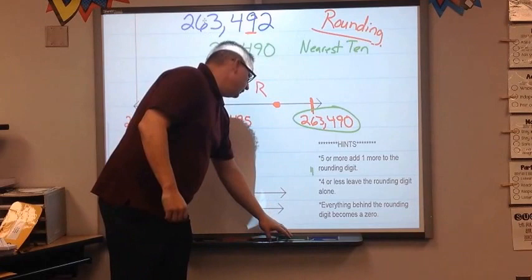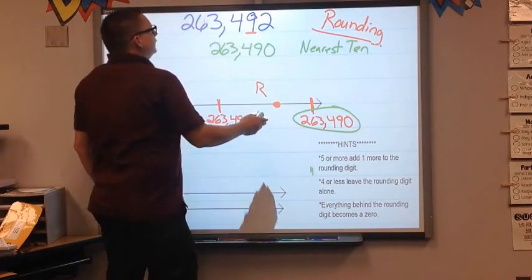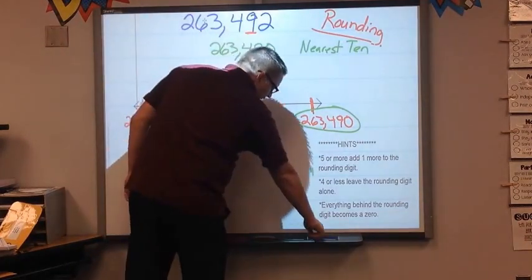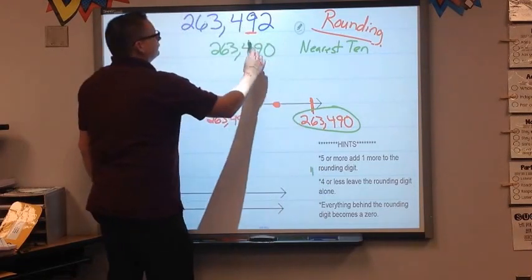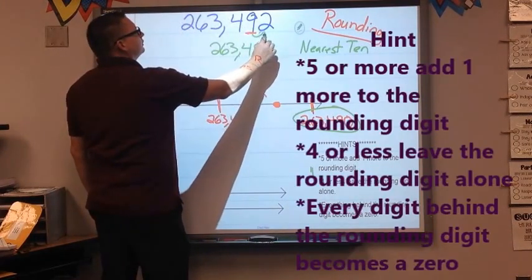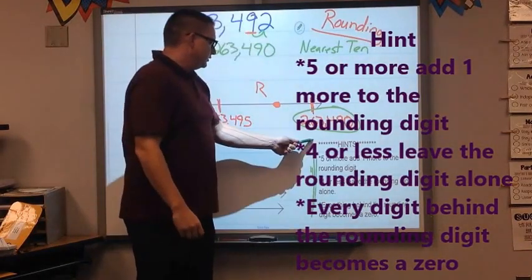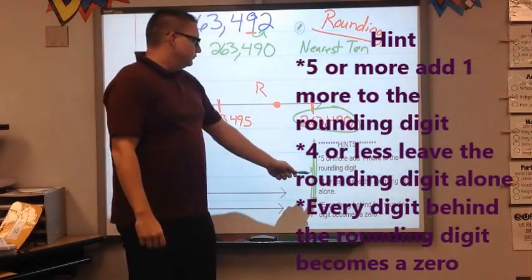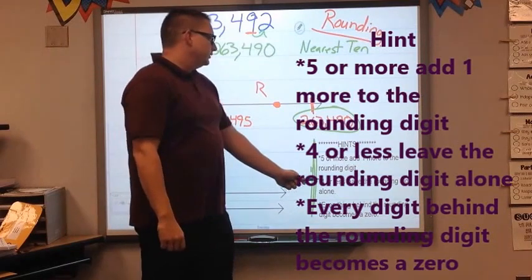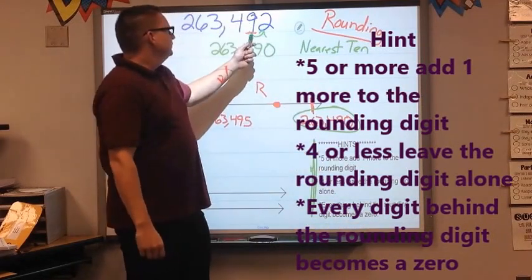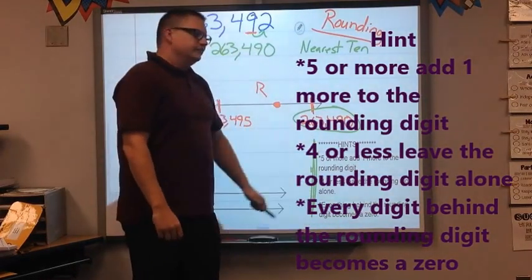All right. So I'm going to do one more. And remember our rules too. If we did that kind of little shortcut, if I look to the right, the 2 is telling me, if I'm looking at our hints, well, the 2 is 4 or less. So I'm going to leave the rounding digit. I'm going to leave it alone.